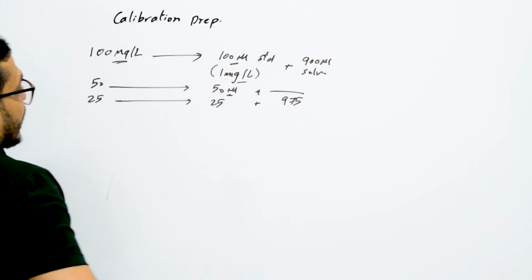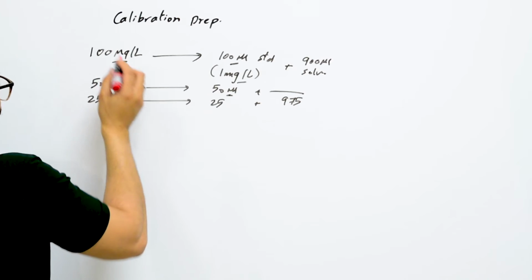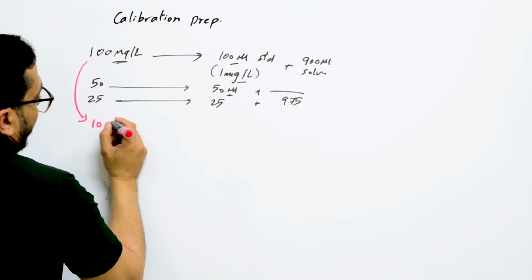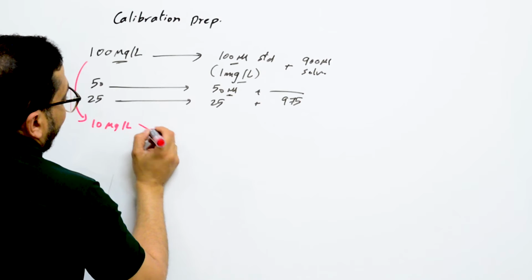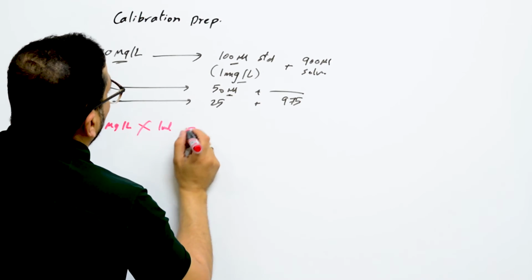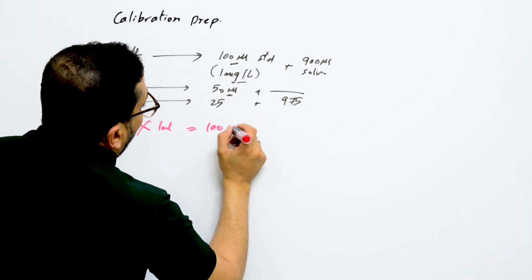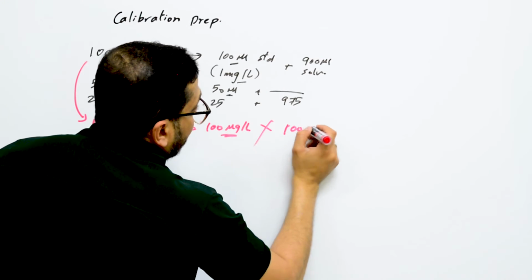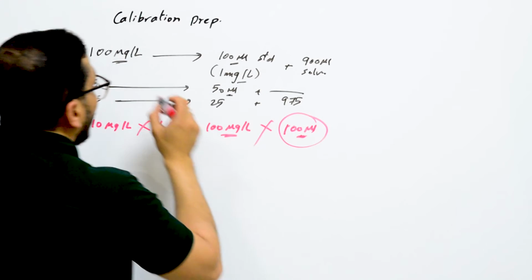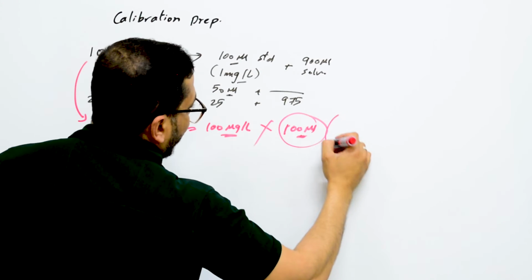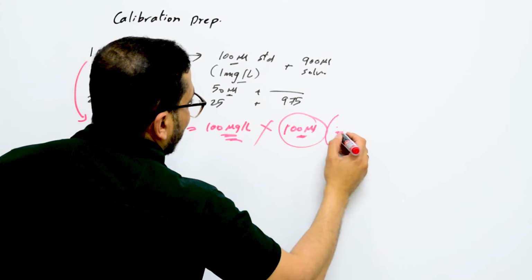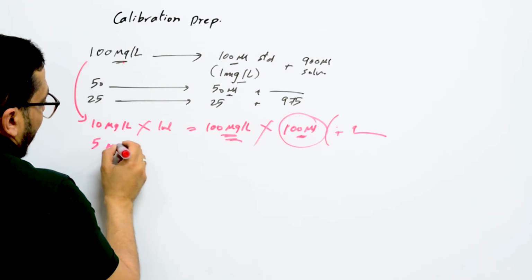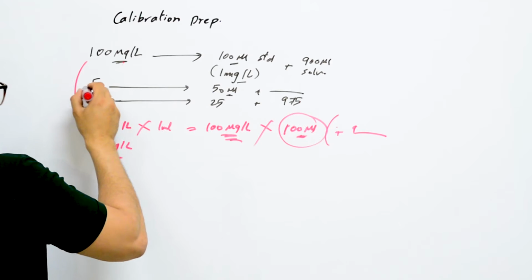And from these concentrations, as I said before, you will prepare, as an example, 10 microgram per liter in 1 ml from 100 microgram per liter. You need to add 100 microliter from 100 microgram per liter plus 900 microliter solvent. And 5 microgram per liter is a serial dilution from 50.